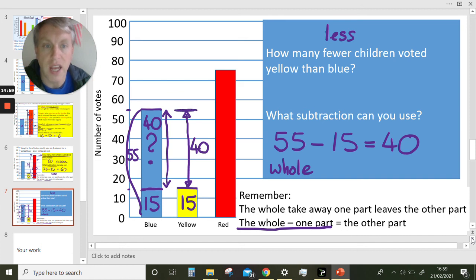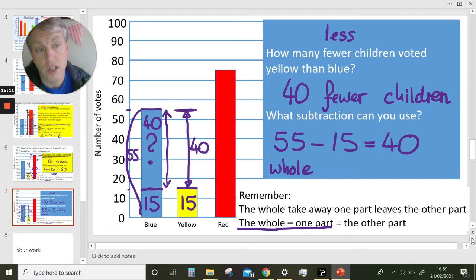So can you see how many fewer children voted yellow than blue? 40 fewer children.